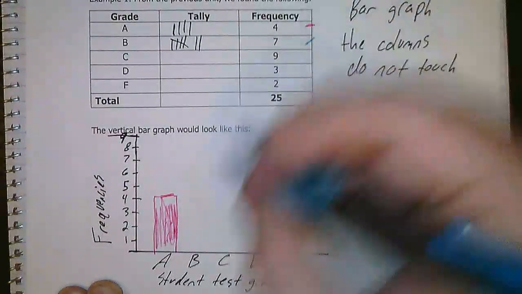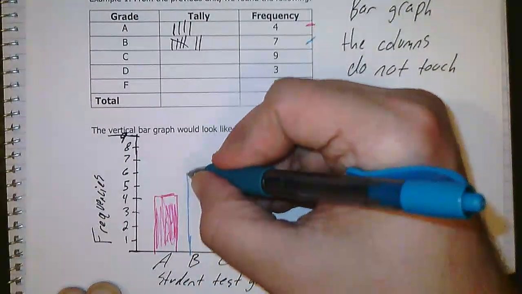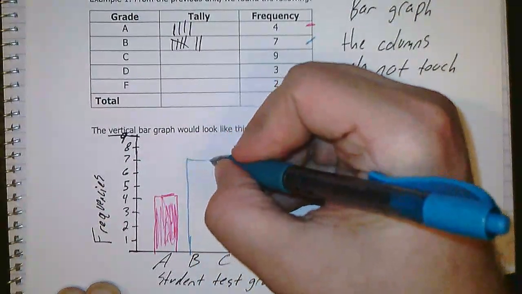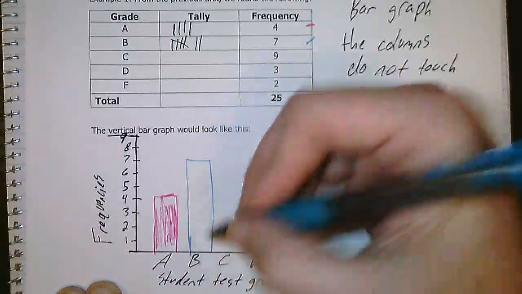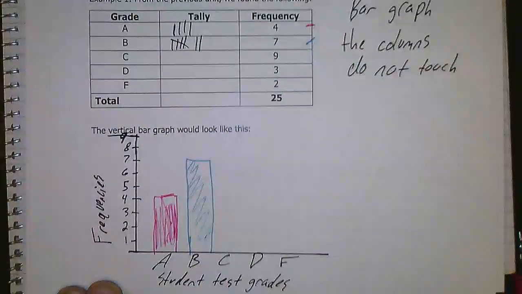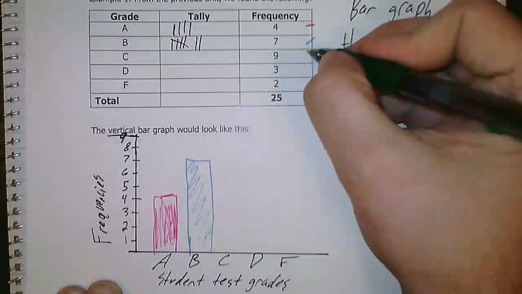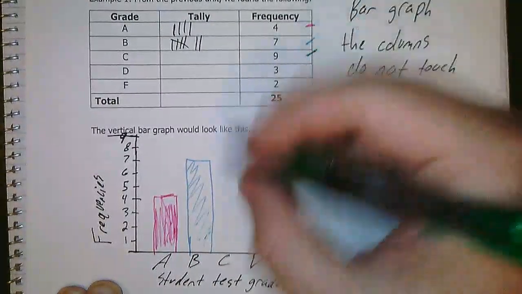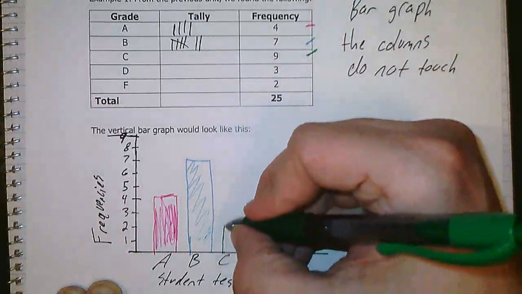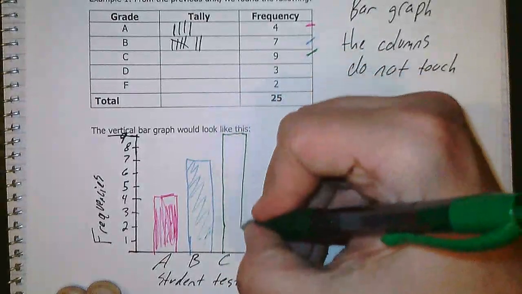7 students made a B. So I make my bar. Again, in a bar graph, we do not touch. That's how many students made a B. 9 students made a C. So this column will go all the way to the top.